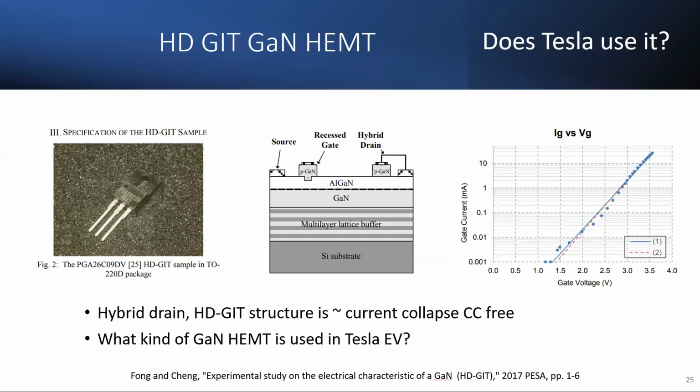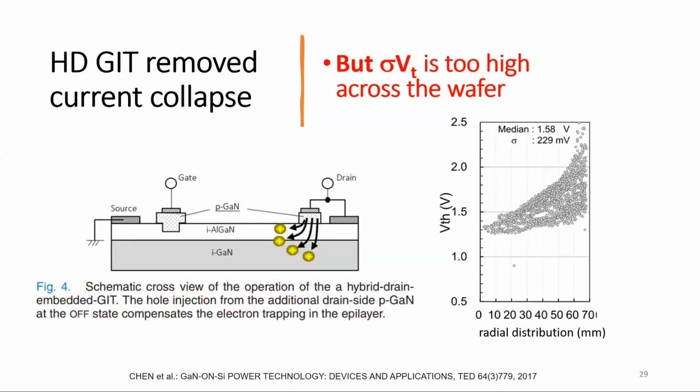Initially it is 1.2, 1.3 volts here. But across the radial distribution of the wafer, from 0 to even 70 millimeters, it spreads. This is the concern, right? Here has no spread. But away from the center of the wafer, you have a couple of volts of spread, isn't it? You have 1.5 volts and then up to 2.2 volts, for example.